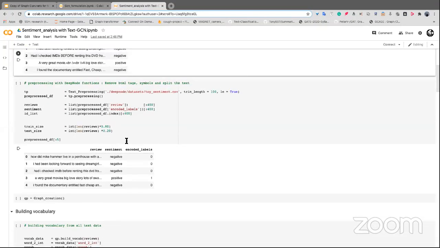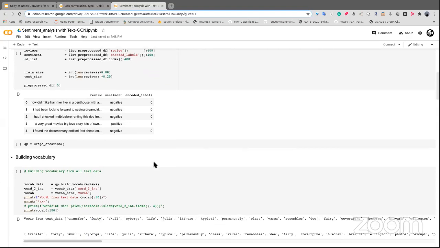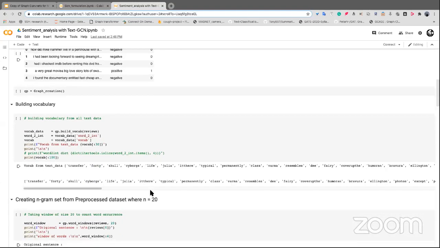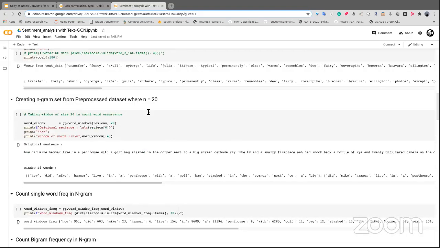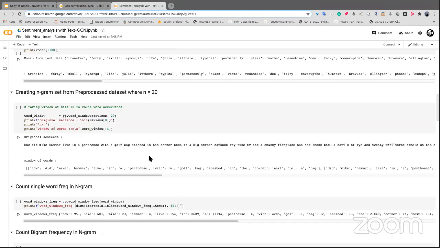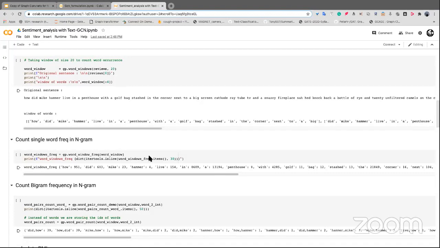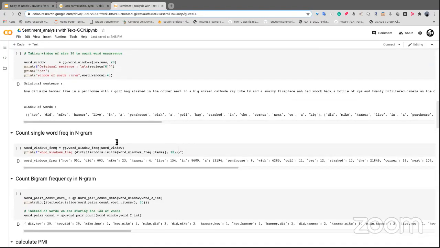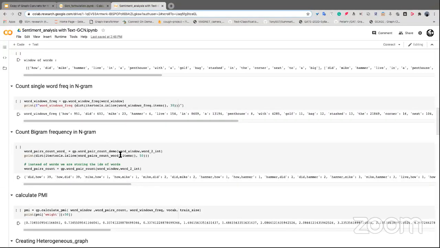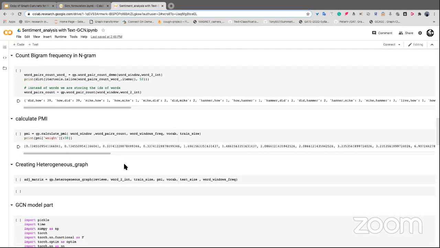After normal pre-processing, we build the vocabulary as I showed you, then count the n-gram sets from the pre-processed data set, then count the single word frequency in n-grams, count the bigram frequency in n-grams, and then PMI. And then at last, we are creating the heterogeneous graph.